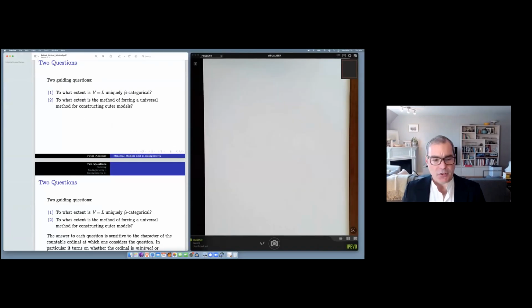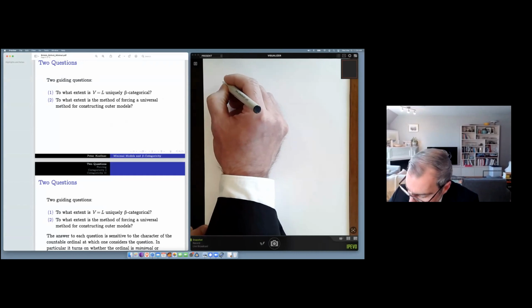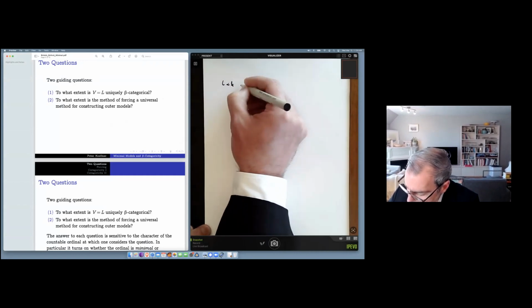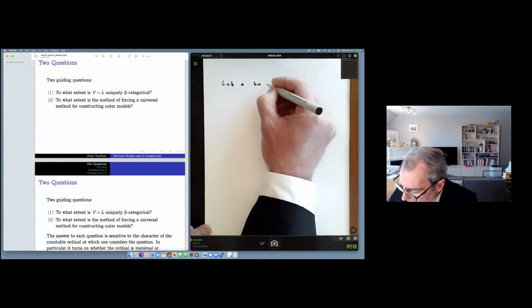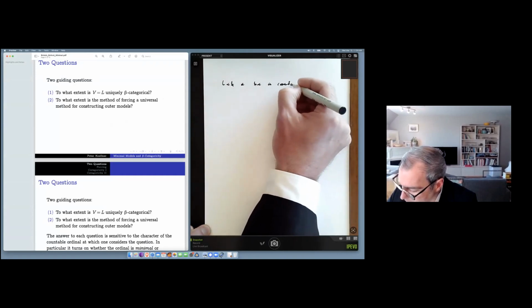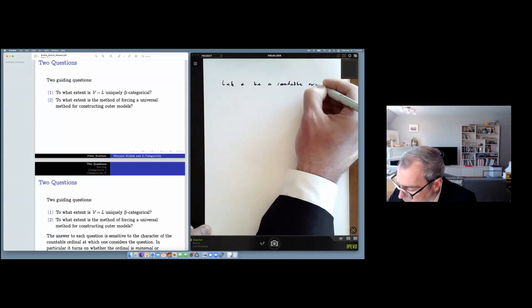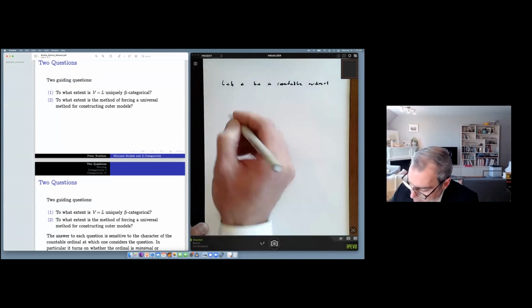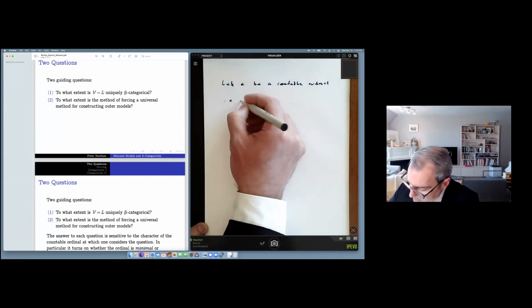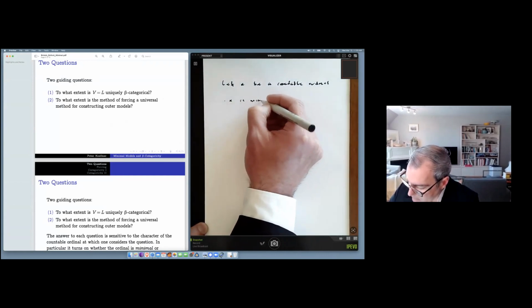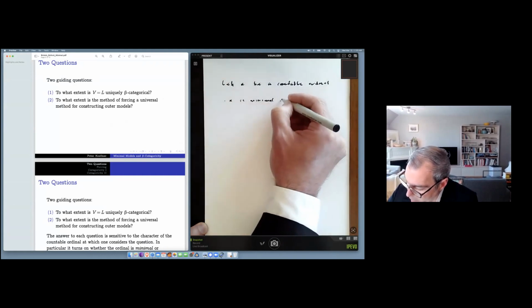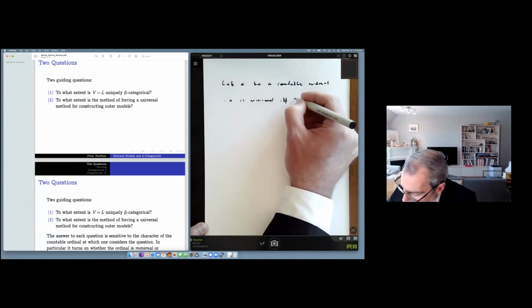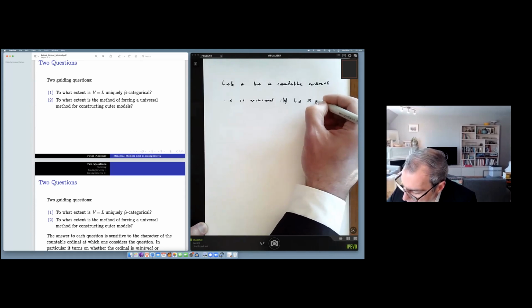By minimal, I'm restricting to countable ordinals here. So we let alpha be a countable ordinal, and alpha is minimal if and only if L alpha is pointwise definable.